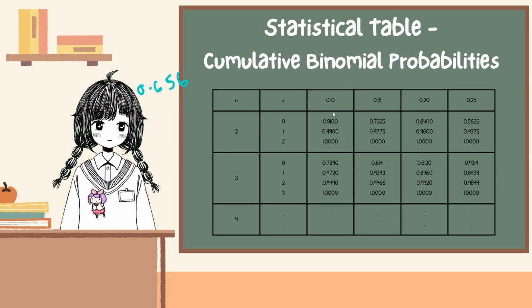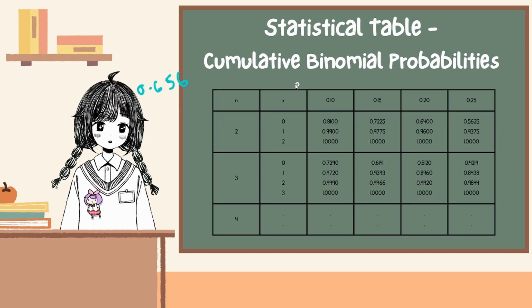Over here, since this is a cumulative binomial table, that means P(X less than or equal to x).